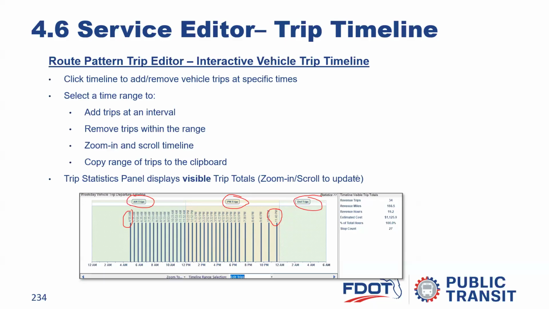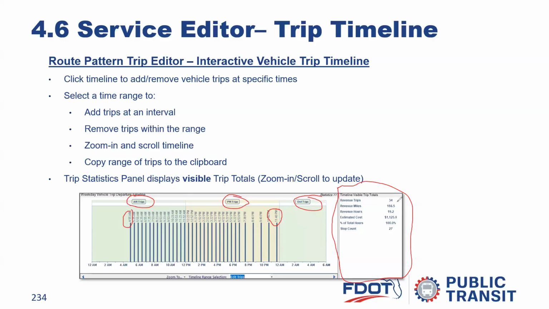You also have a statistics panel. So over here on the right is a statistics panel that will tell you the number of trips that are visible. So this responds to visibility within the timeline. So if you were just showing AM trips, it would just show you the statistics for the AM trips. So this includes the revenue trips, miles, hours, estimated cost, percent of total hours, and the stop count for the pattern.